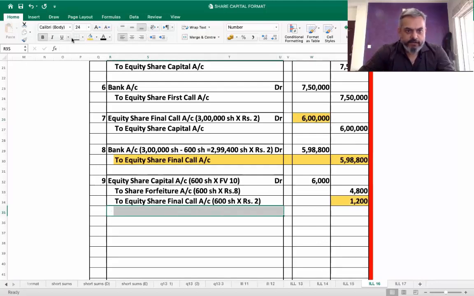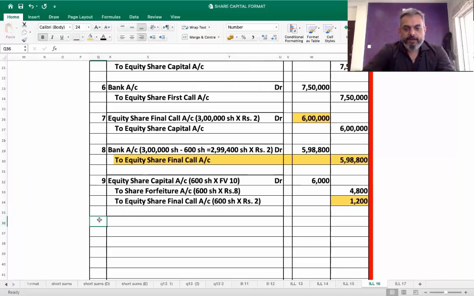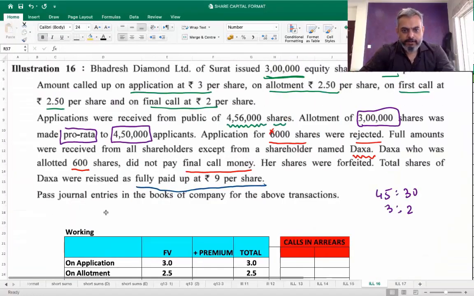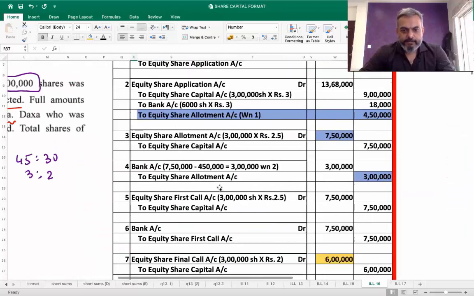Now let's reissue these shares. So entry number 10, bank account, 600 shares into rupees 9 per share, 5,400. They were reissued as fully paid up at rupees 9 per share.